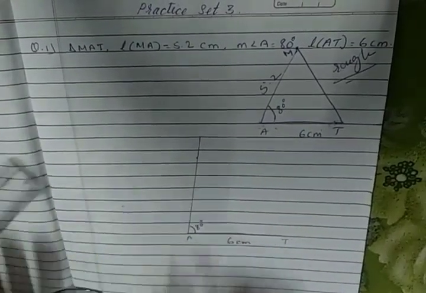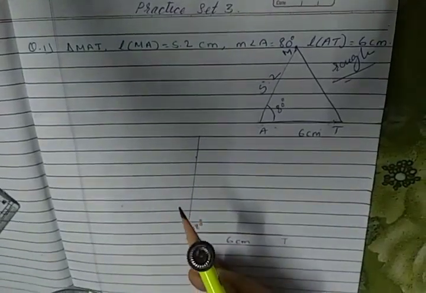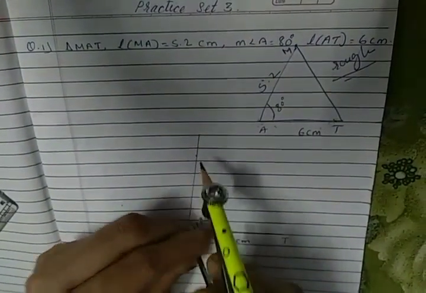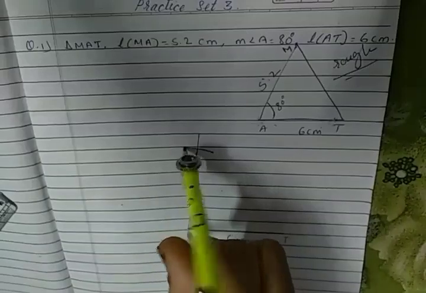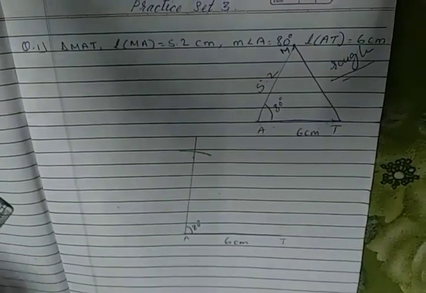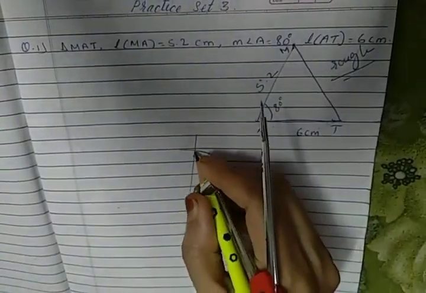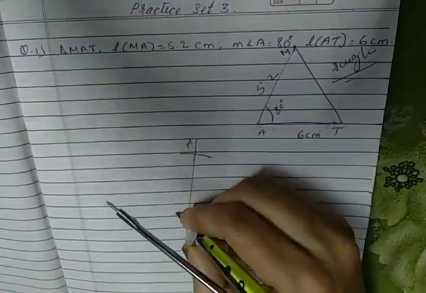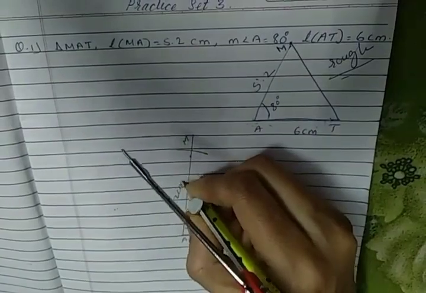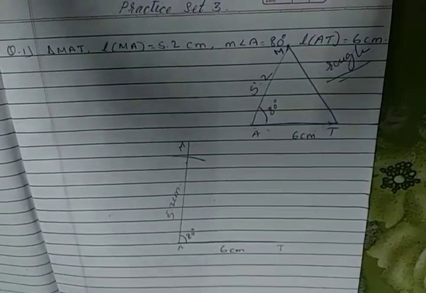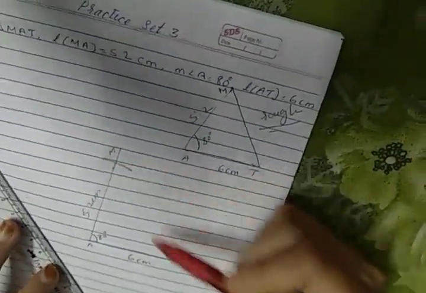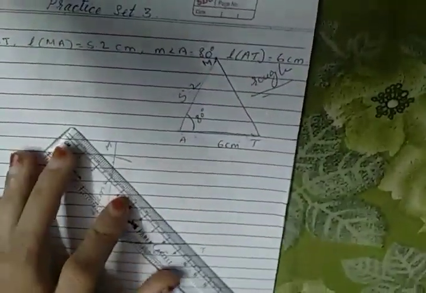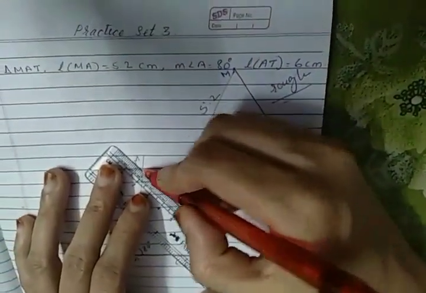See, 5.2 centimeter, and make one arc from point A. Wherever it meets, that point we get is point M, and this is 5.2 centimeter. Now join this point with T and then the triangle is ready.